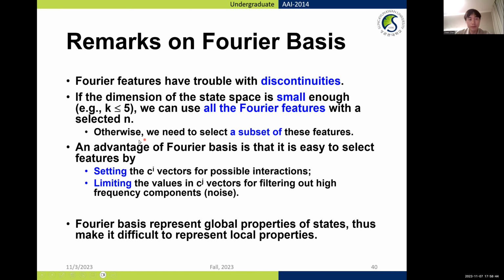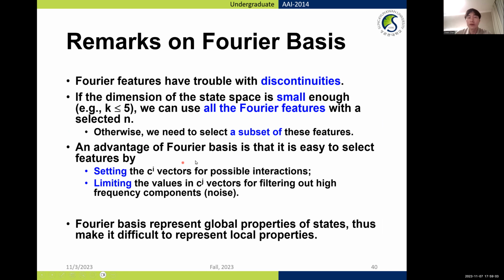If this is small, we can use all of them. But if it's too large, we can select a subset of these features, similar to the previous setting in the polynomial. When we define the feature space, we don't need to use all of them. We can select a subset of them.